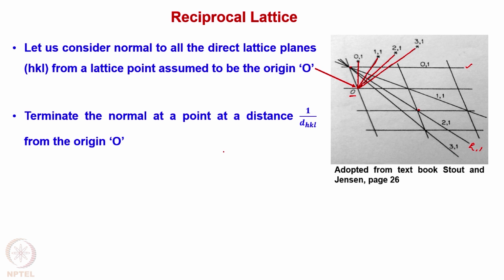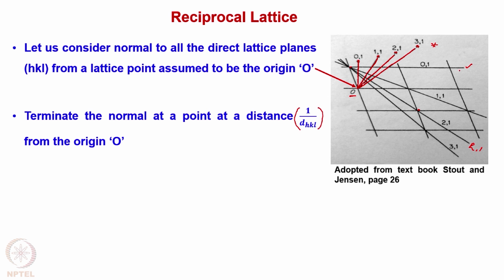After drawing these perpendiculars to those direct lattice planes, we terminate each of these perpendiculars at the points marked as star at a distance equal to 1 by d_hk.